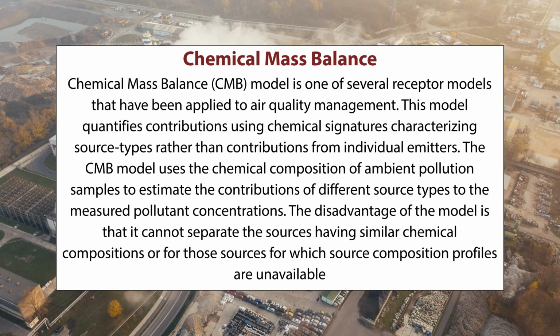That is, you get a set of values in a location, the levels or concentrations of pollutants, and we try to match them with the source profiles which are already available, and then finally come to a conclusion that this could be from these sources.